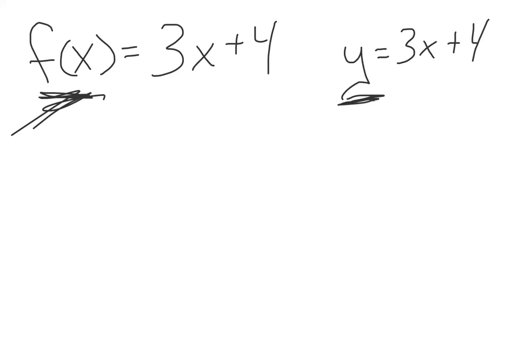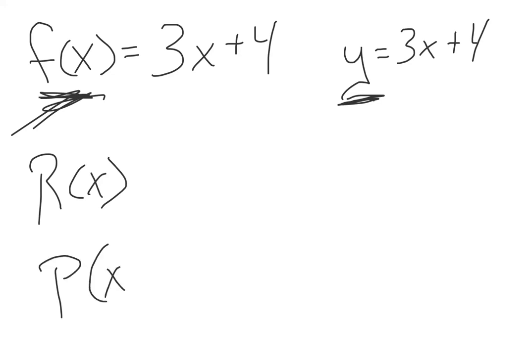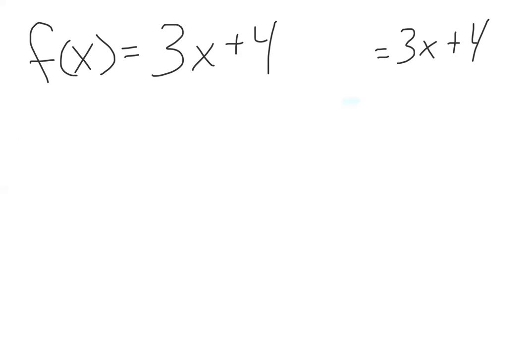Let's say I'm talking about the function of revenue, then I would call it R of X. If I want a profit function, that would be P of X. Getting the idea? Where X is the quantity. So it makes for flexibility, and plus it gives us the ability to tell people what the function actually represents. But for right now, we're going to give you just the basics of how to deal with functions.